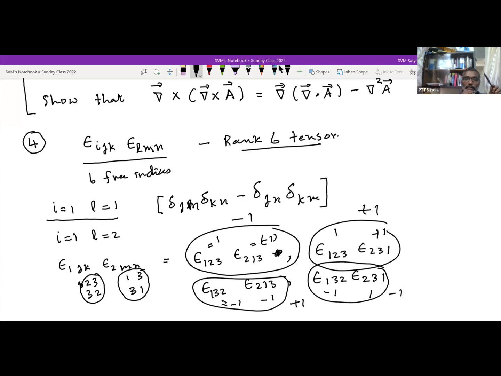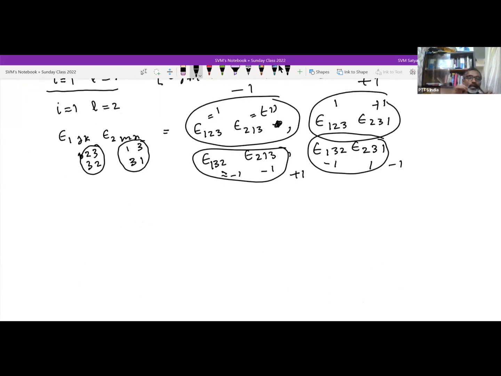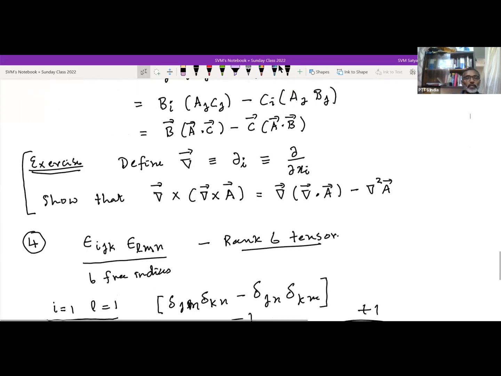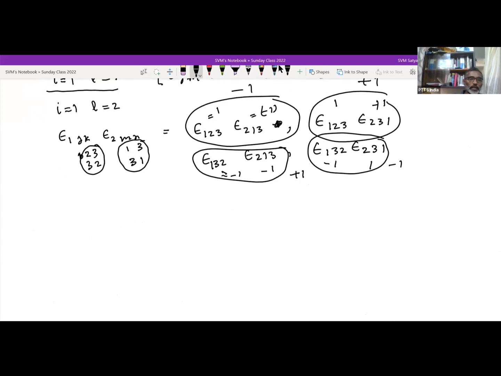Okay, now so that means what? You can see that this can be clubbed in this fashion. I want you to just argue that you can write this in the following fashion. Suppose I have ijk, and lmn.